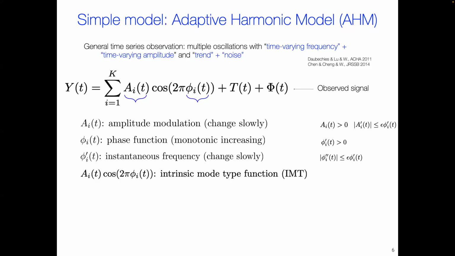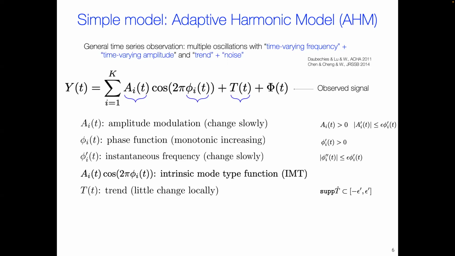Then this is a harmonic function, right? This is harmonic, which you can easily analyze using the Fourier transform. But right now, I tell you that it is not so. The amplitude and the frequency both are changing. Then how do we do the analysis? That will be the challenge.